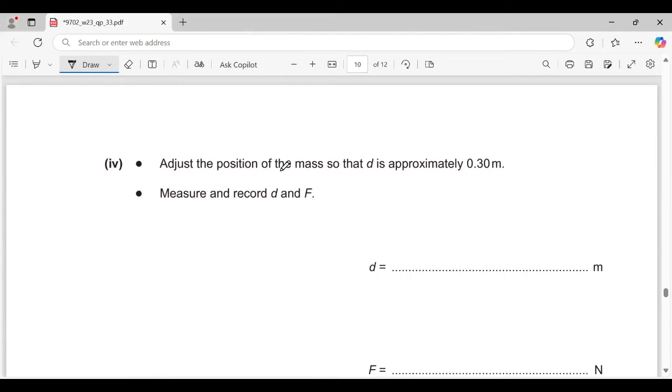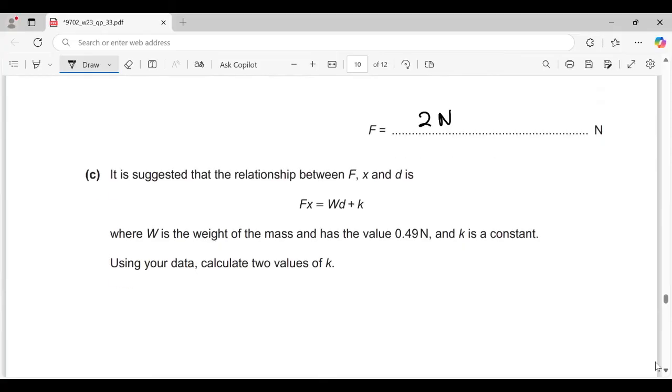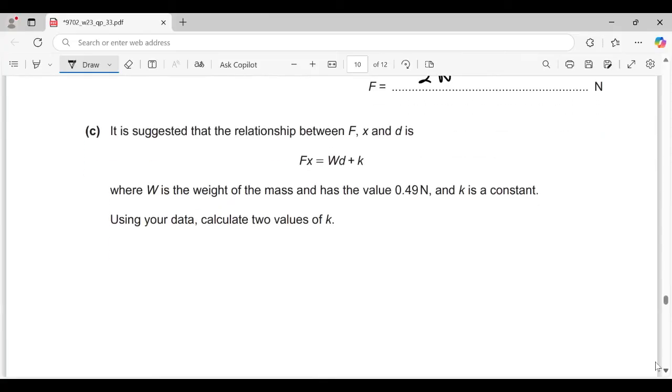Adjust the positions of the mesh so that D is approximately 0.30 meters. Measure and record D and F. So D is 0.3, while F is 2 newtons, according to the Newton meter.